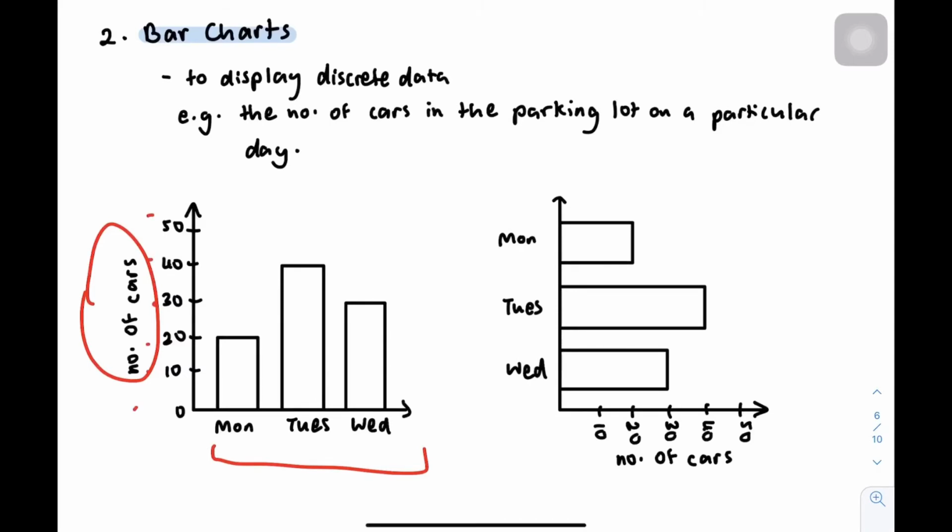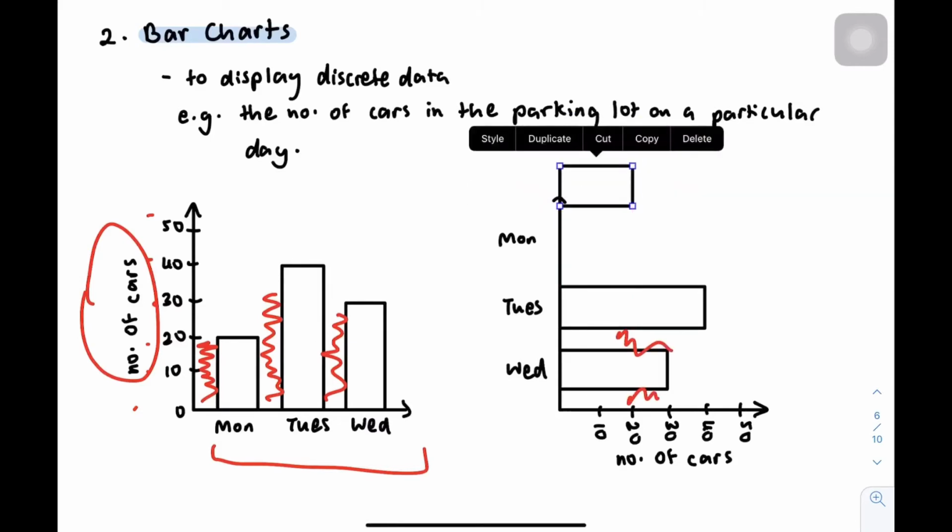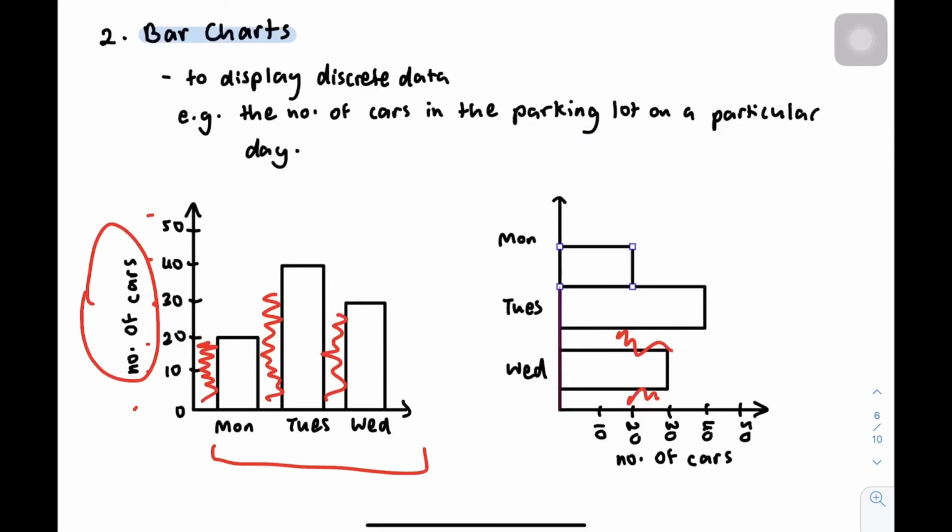And of course, the width between bars should be the same. So what would be wrong is, for example, this is equal, then suddenly you have this bar over here, or suddenly this bar is over here. All that is wrong.